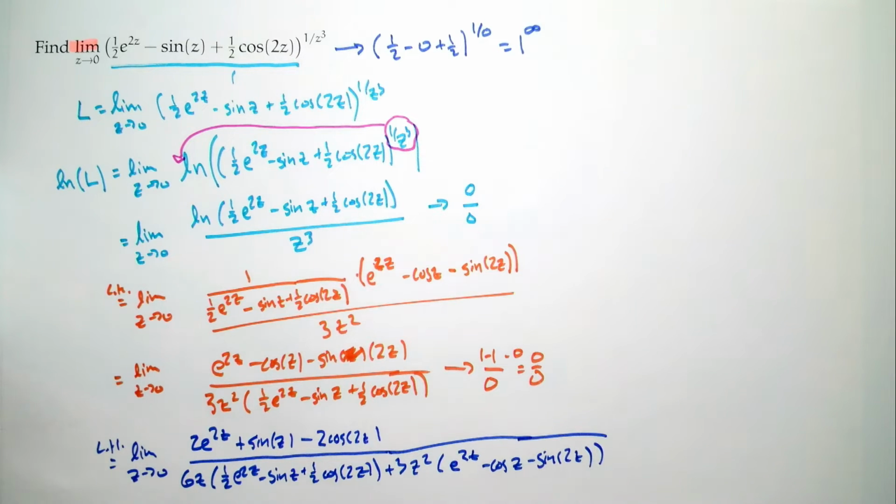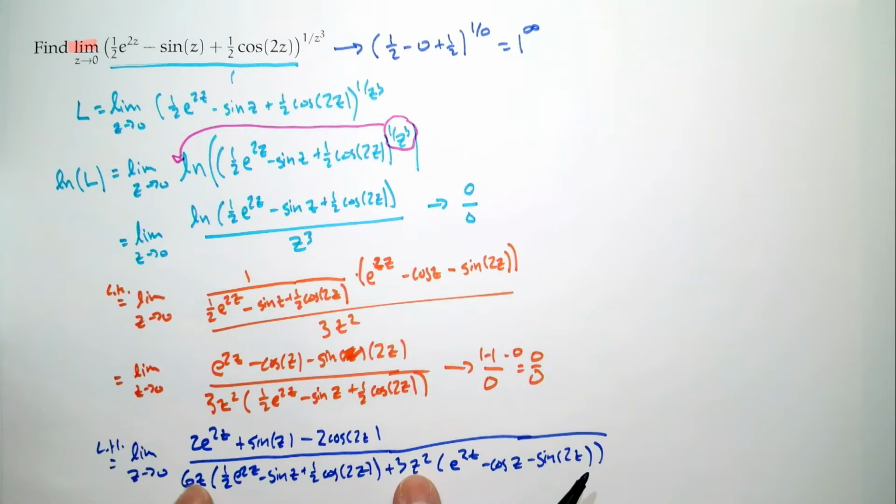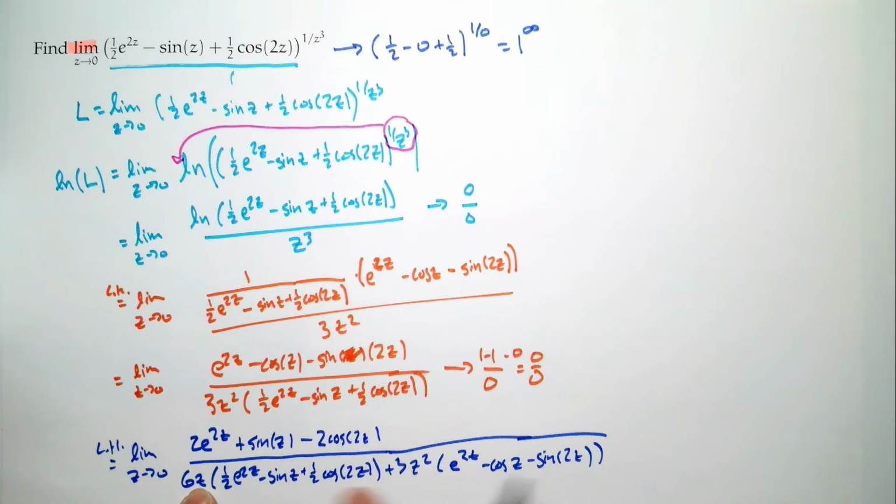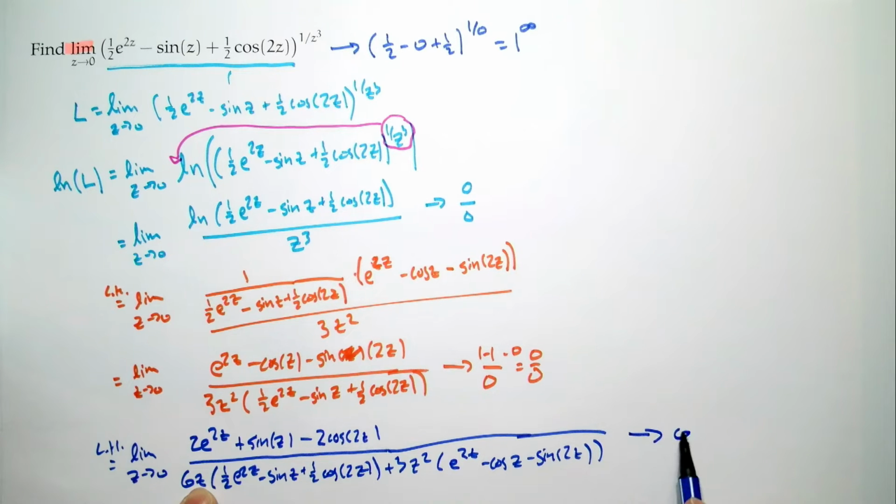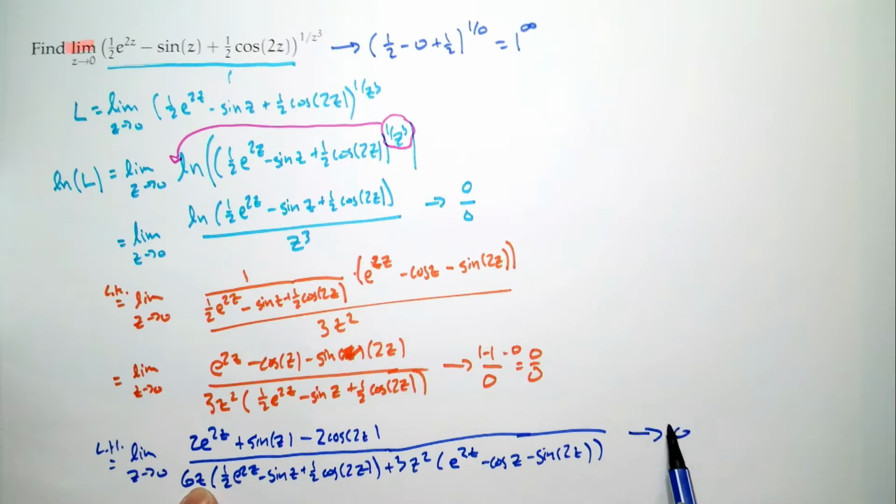All right. So, what happens to that? Well, we plug in 0. And if we plug in 0, downstairs, that z and that z squared, that's going to knock everything out. So the denominator is 0. What happens to the numerator? What do we get?